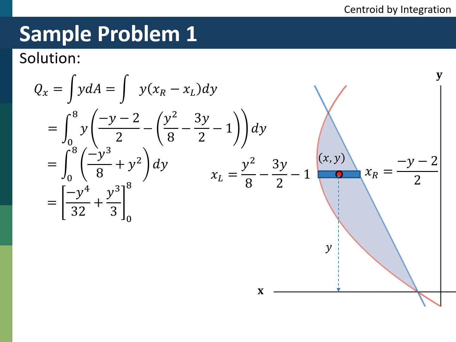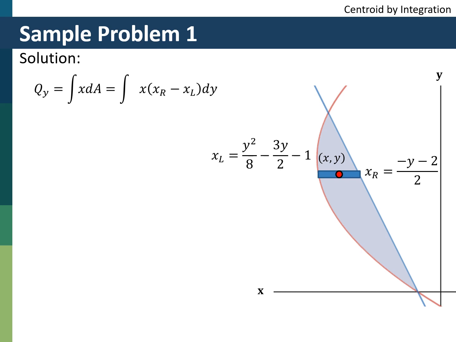The integrated form gives us negative y raised to 4 over 32 plus y cubed over 3. Evaluating this from y equals 0 to y equals 8 gives us Q sub x equals 42.667 units cubed.